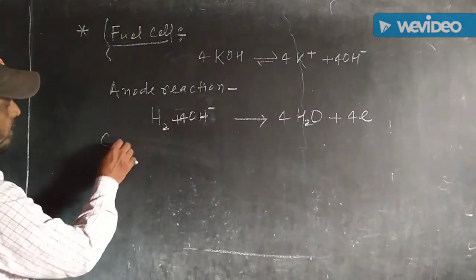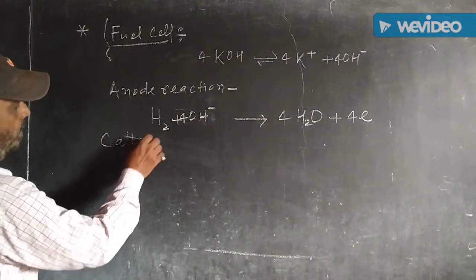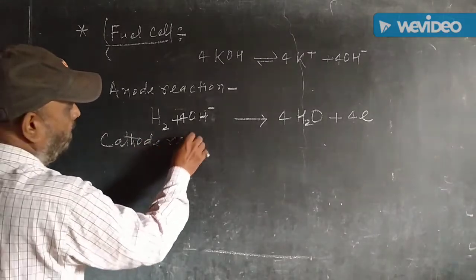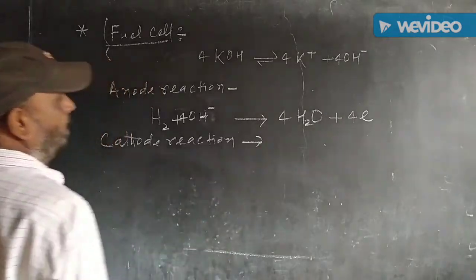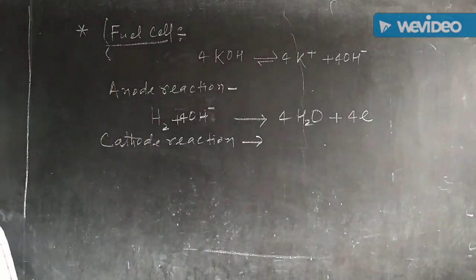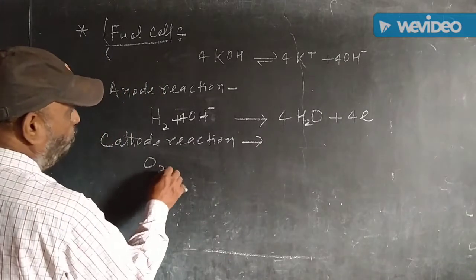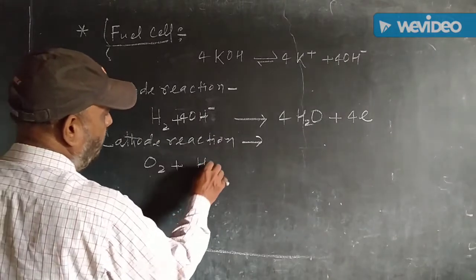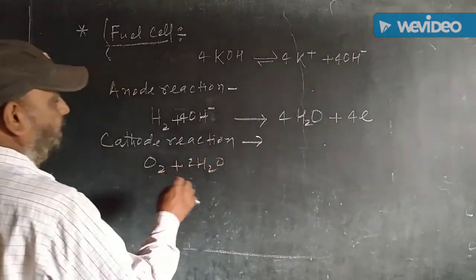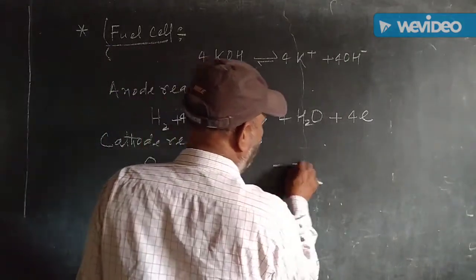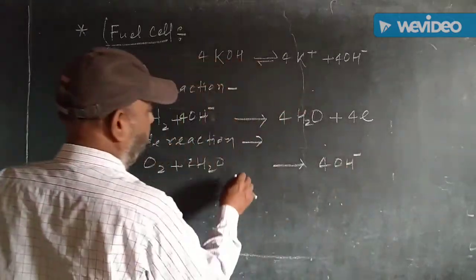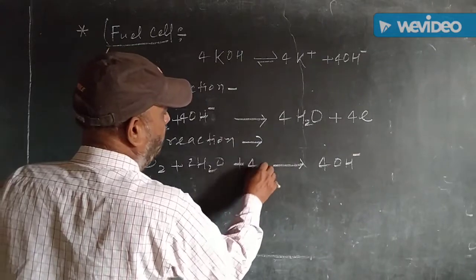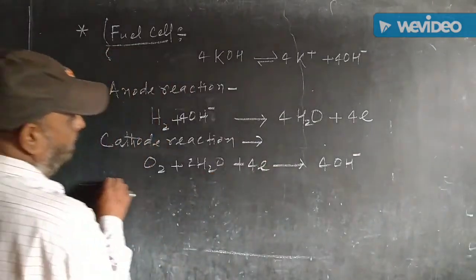Cathode reaction, that is O2 plus 2H2O gives 4OH minus, plus 4 electrons.